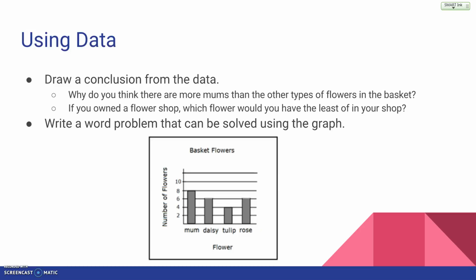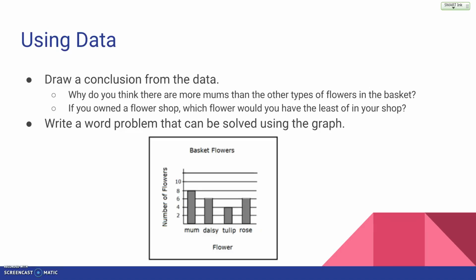For instance, this graph about the number of different types of flowers in a basket of flowers, we can ask them to draw a conclusion, such as, why do you think there are more mums than other types of flowers in the basket? And that's a wide open question. There's many different answers that they could give for that. If you owned a flower shop, which flower would you have the least of in your shop based on the data that you see here?